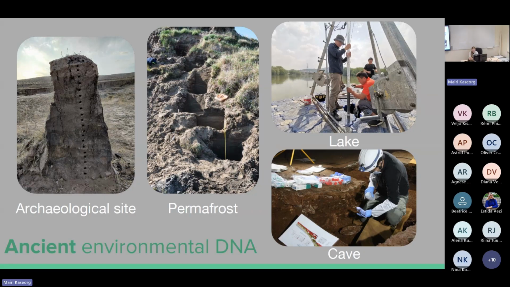It can be permafrost, where everything is frozen and preserved due to that. It can be lake sediments, which again are at the bottom of the lake and hence protected from what's going on in the environment now. And it can be caves, which are protected because they are covering themselves, let's say.